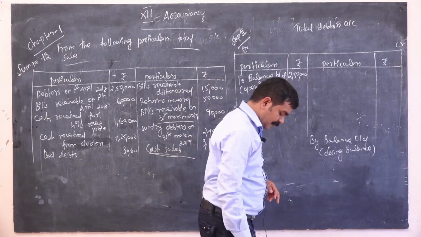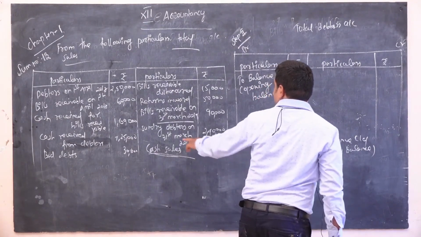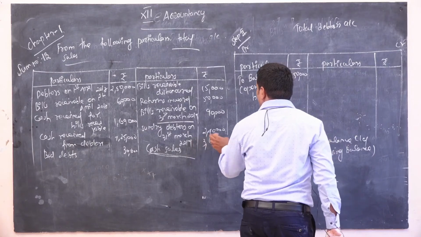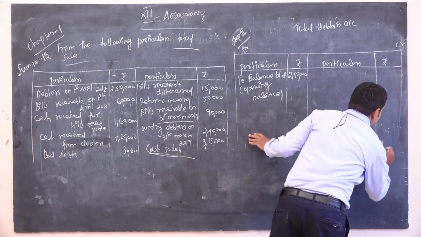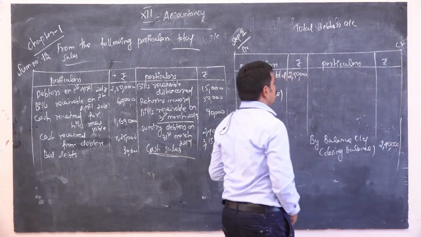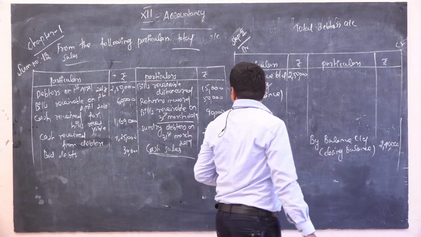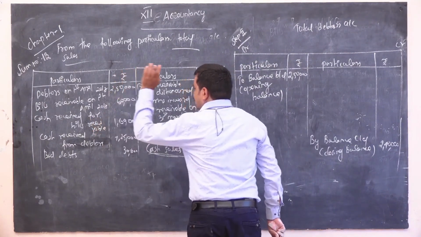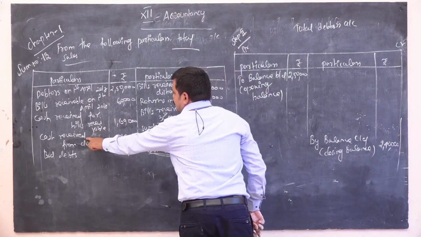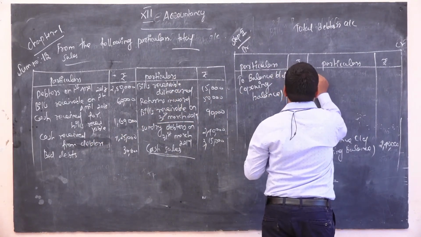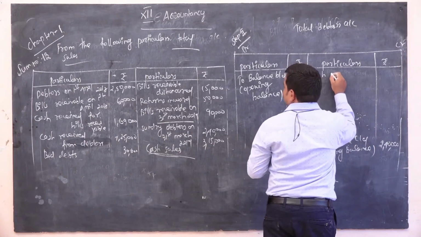The amount is sundry debtors as on 31st March 2019, 2,40,000. Next one, cash received is already listed. Cash received from debtors.